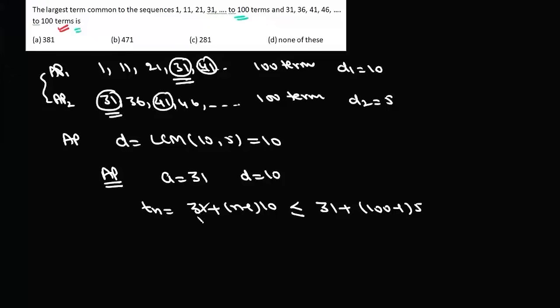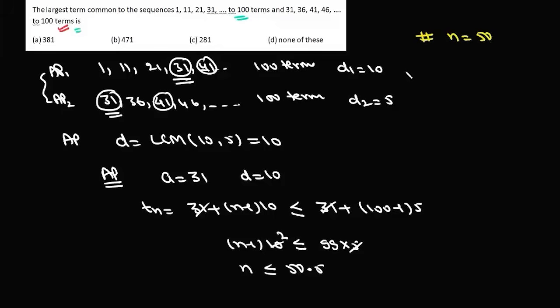So this 31 will cancel. So we'll get n minus 1 into 10 will be less than equal to 99 into 5, or this n will be less than or equal to 50.5. So the highest value of n in this case will be 50.